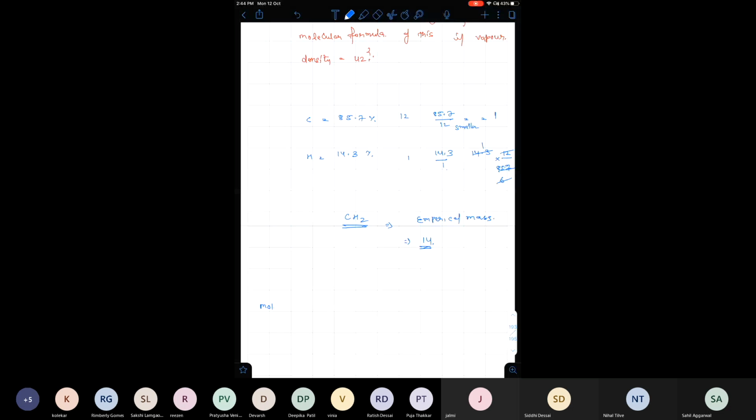Molecular mass is vapor density into 2. That will be 42 into 2 is 84. So this is your molecular mass, and this is your empirical mass.